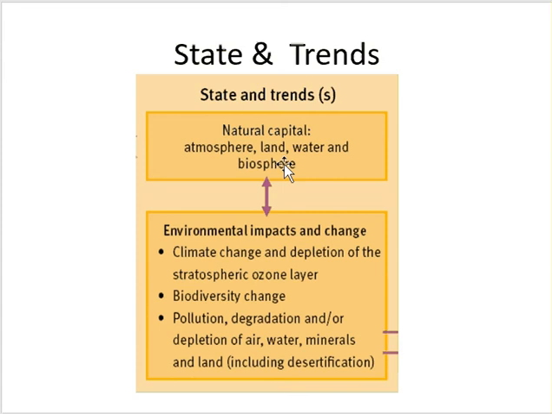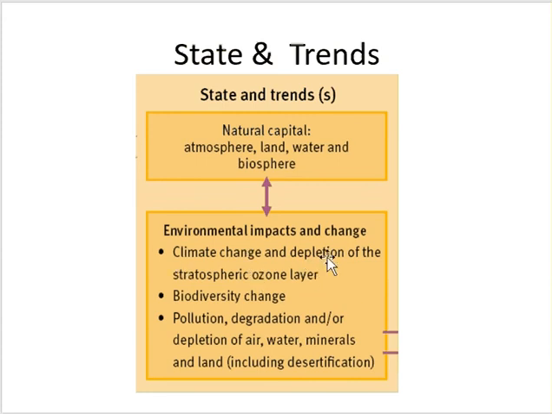What are the pollination rates for our agricultural crops? How much water are we getting out of these ecosystems? What are the pollution rates? How are the fisheries stocks, and so on? All of these form natural capital, and those are the resources that we use. Okay? The trends would be how those things change over time.